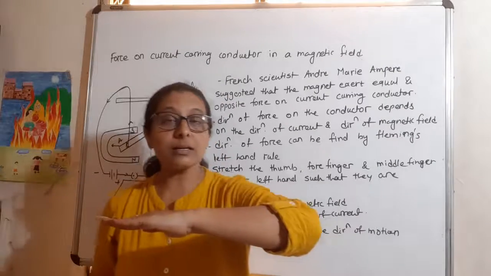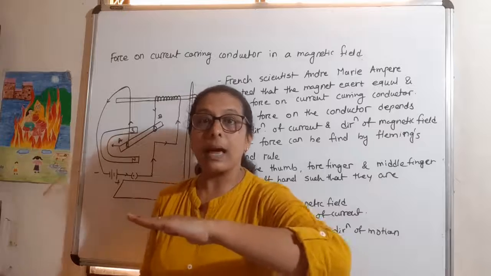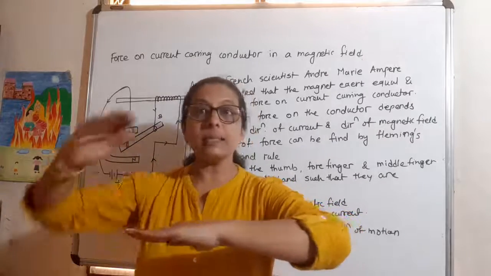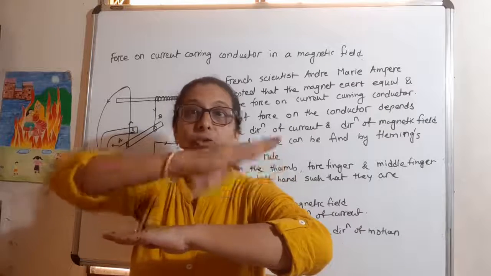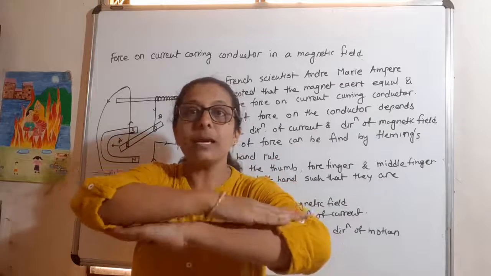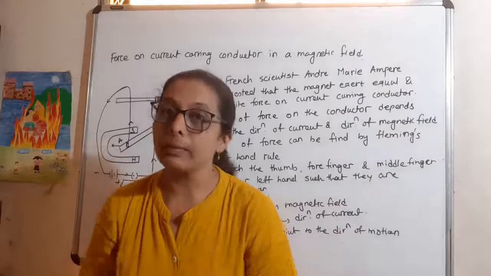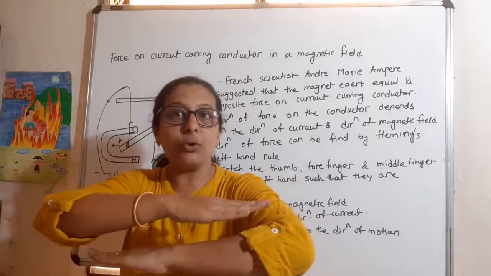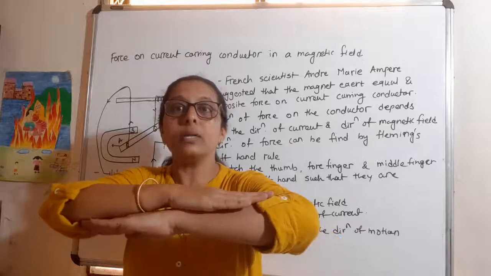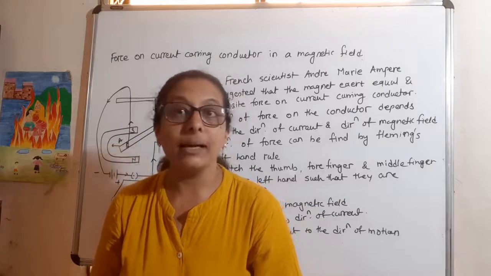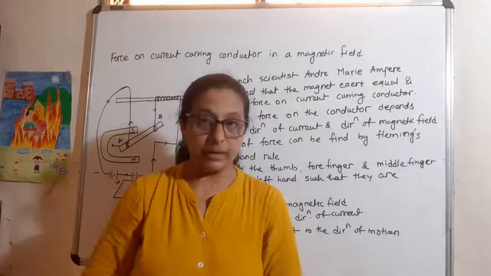Because this conductor in which the current flows also behaves like a magnet, and that conductor is placed in the magnetic field. तो ये तो मैग्नेट है, so एक मैग्नेट दूसरे मैग्नेट के ऊपर इक्वल एंड अपोजिट फोर्स लगाएगा. इफ लाइक पोल्स है तो रिपल्स होगा और अनलाइक पोल्स है तो अट्रैक्ट होगा. So this force is applied by a magnet on the current carrying conductor.